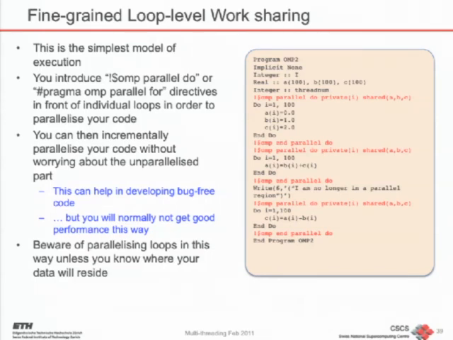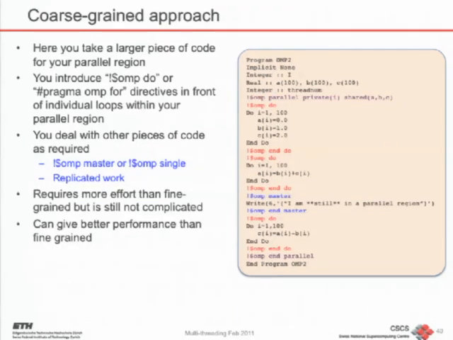By tearing down parallel regions, you can add extra issues. Really, you want to grab a bigger piece of code in a parallel region, so a more coarse-grained approach. In this example, the do loops are still parallelized at that level, but now we've moved the parallel region to be the whole thing.